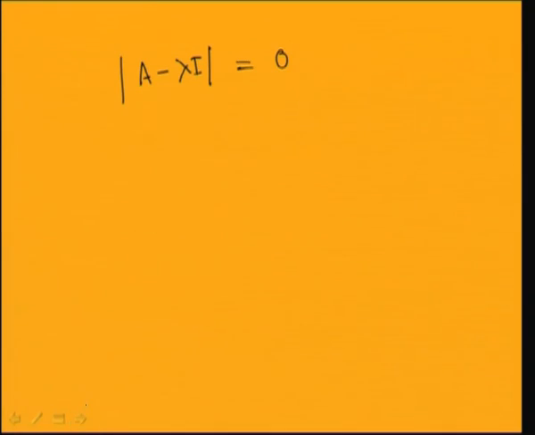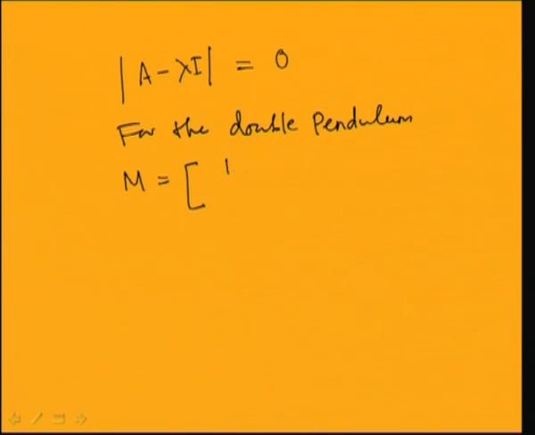For the double pendulum, we already know the mass matrix M equal to 1 0 0 1 and the stiffness matrix K equal to G by L times 3 minus 1 minus 1 1.